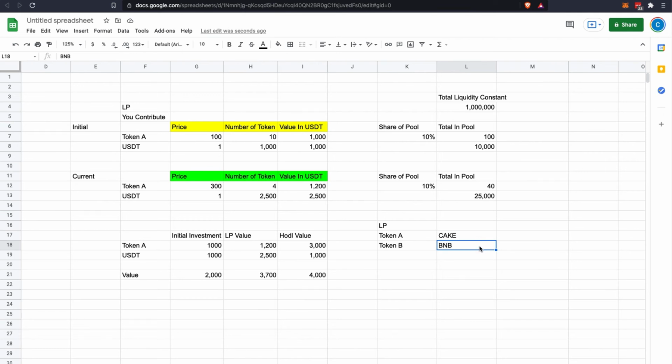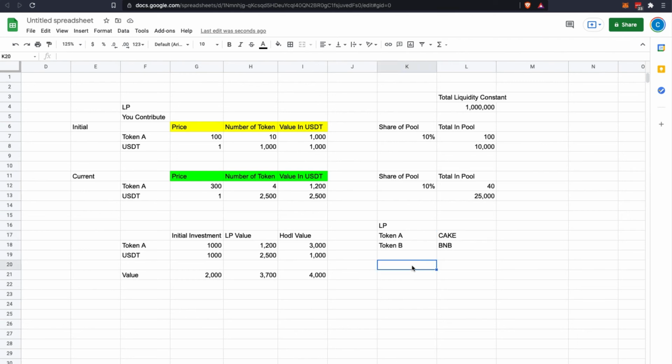This is one way to protect your BNB tokens, because due to impermanent loss, you will lose some of your BNB tokens. But if you do not really care about this and you only care about the end result, which is making profits in dollar terms, then you can contribute to this pool. But do note that this category belongs to one of the highest risk exposures to impermanent loss.